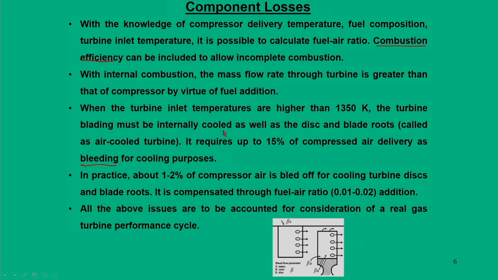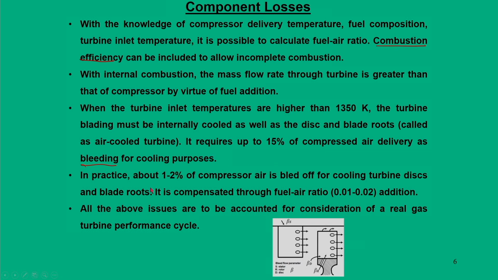We must allow for this in continuous operation, and for that reason we have to add some extra mass in terms of fuel. So, a fuel air ratio in the range of 0.01 to 0.02 gets added to counter this bleed flow.